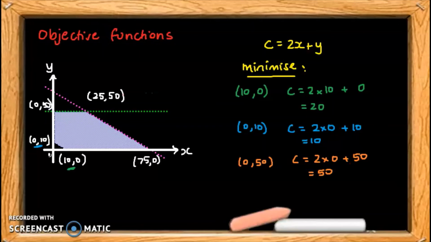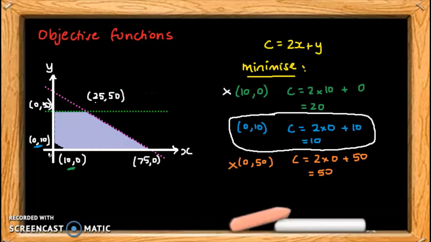So that's not what we're looking for because it's not minimizing. It looks like 0, 10 is going to be the smallest one. We would generally go around and look at all the corner points, but I know from what I'm doing here that this 0, 10 is going to be the smallest point. So that's how we use the corners of an objective function to find out the maximum or the minimum.